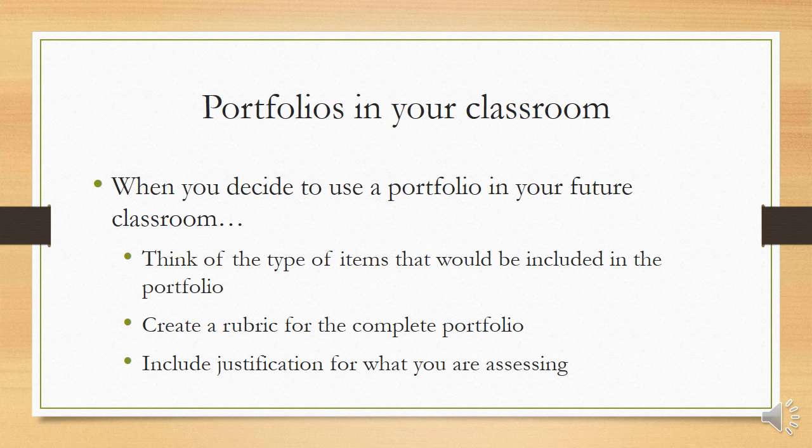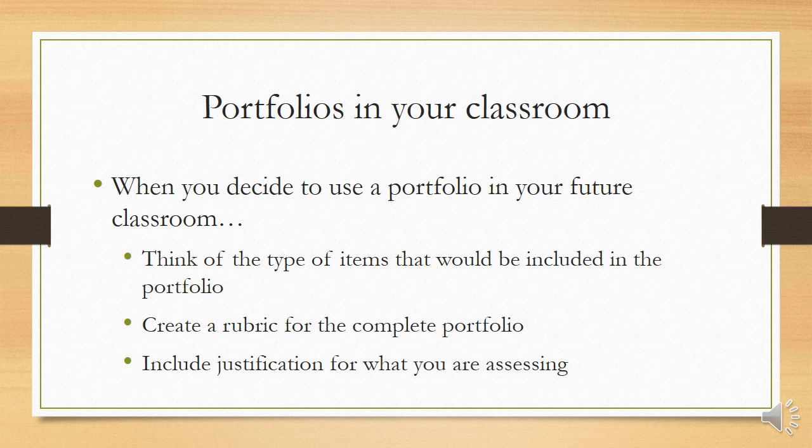All right, so in your classroom, I want you to be thinking about how you create a rubric for a complete portfolio, because that is a sticky point, even for me. Without figuring out exactly what sort of things are going into the portfolio, it's going to be really hard to think of a good rubric for one. But you are going to want to justify what you're assessing insofar as completeness of the portfolio.